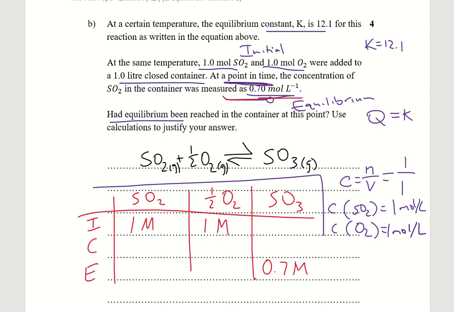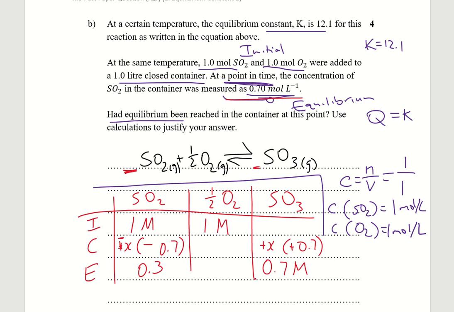So, what have they lost? Well, for SO3, that's plus x, so plus x is equal to that. The sulfur dioxide is in the same coefficient ratio, so 1 to 1. So it has lost, in this case, 0.7. So at the end, it has 0.3 moles per liter.